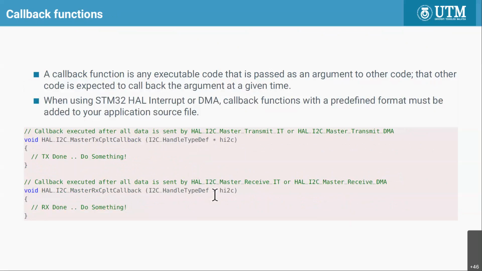So what is a callback? In computer science, a callback is executable code that is passed as an argument to other code. So you call a function, but when you're calling that function, you give the address of a function as the argument. I don't see it here, but it's still called a callback.